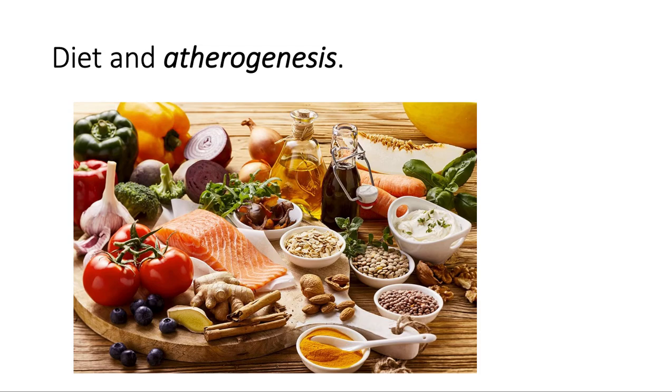Vegetable oils and fish oils contain polyunsaturated fatty acids and are good sources of such cholesterol-lowering lipids. Fish oil fatty acids belonging to the omega-3 or N3 family have more double bonds than do the omega-6 or N6 fatty acids found in vegetable oils.